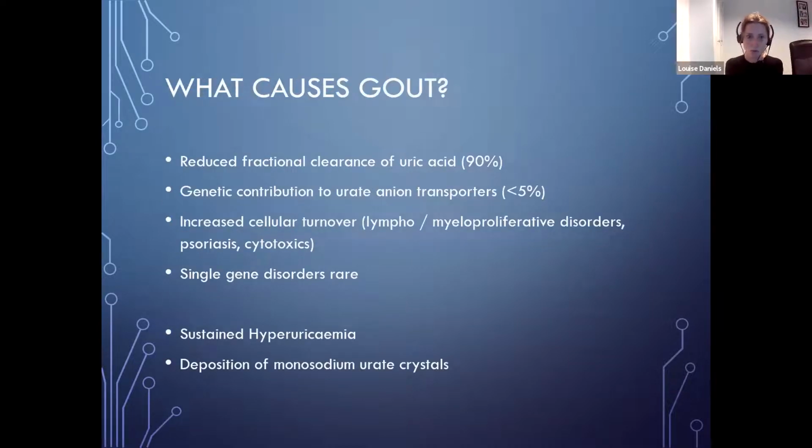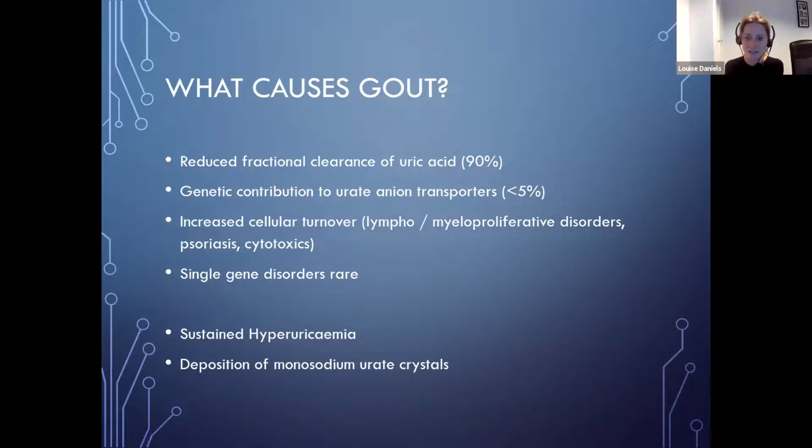So what causes gout? Gout is caused when there's a buildup of uric acid in the body, and that's usually because not enough is filtered by the kidneys. 90% of uric acid is filtered by the kidneys. And when that filtration is reduced, there's increased uric acid build-up in the body. There is a genetic contribution to the urate anion transporters, but that only accounts for a small amount.